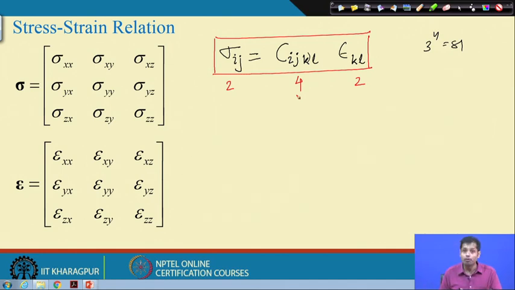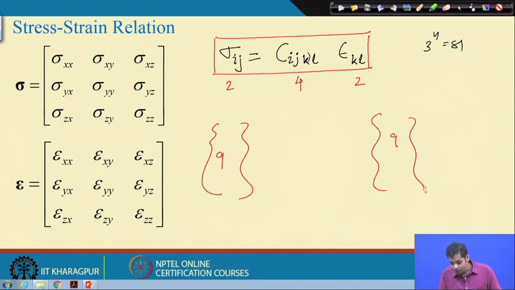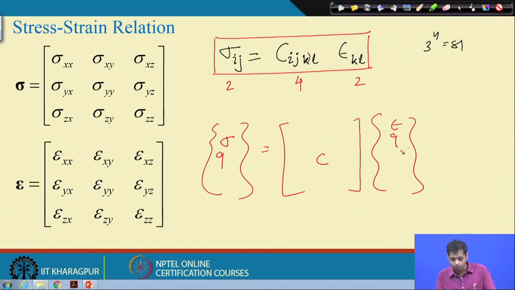So we have 9 strain components and 9 stress components, sigma and epsilon, related through something like C. If you write sigma and epsilon in vector form, what is the size of this matrix? 9 cross 9, which is 81 components.